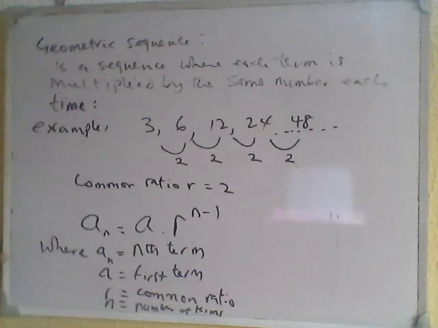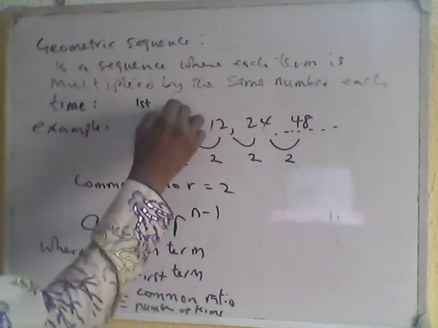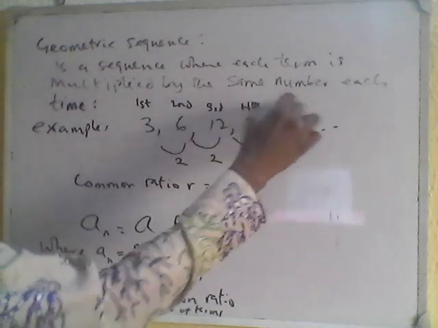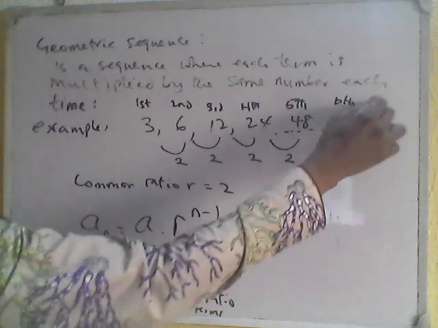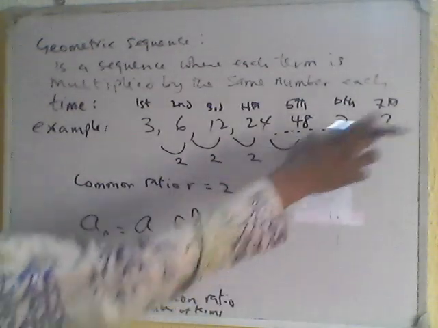Okay, so now we'll look at a way to do this. If, for instance, I am asked to find this: first term, second term, third term, fourth term, fifth term, there's a sixth term that we don't know, a seventh term that we don't know. So I want to skip the sixth term and find the seventh term.